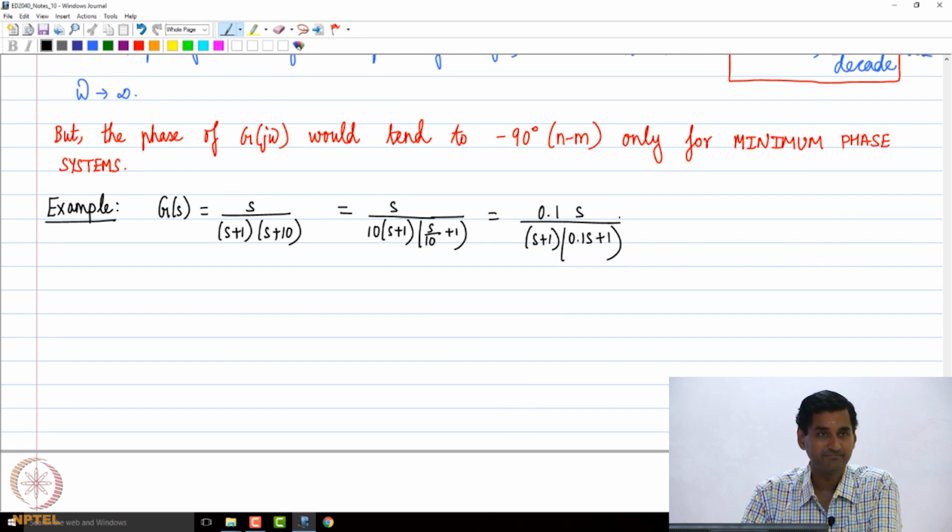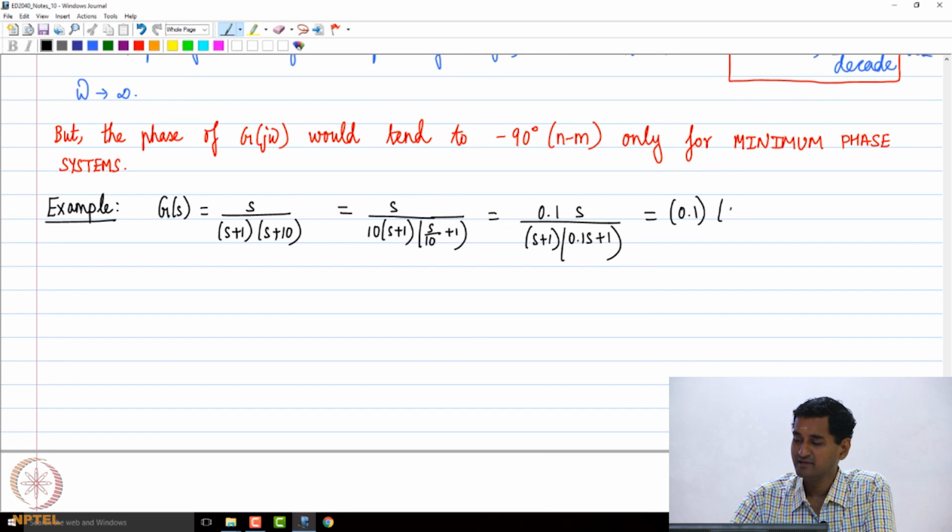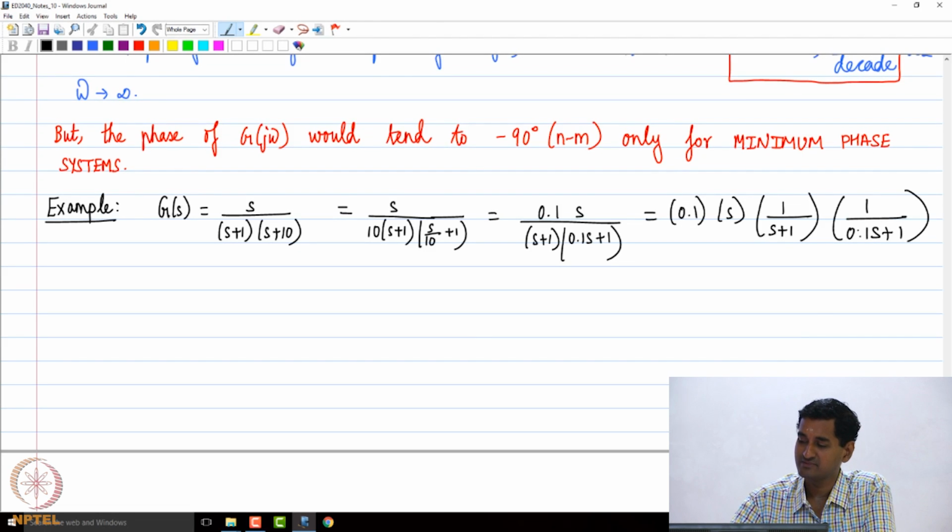Do you agree? So I have 4 factors: a constant 0.1, an s term, a 1 by s plus 1 term, and a 1 by 0.1 s plus 1 term. I have to plot the individual Bode plots of these 4 factors and then get the net Bode diagram.